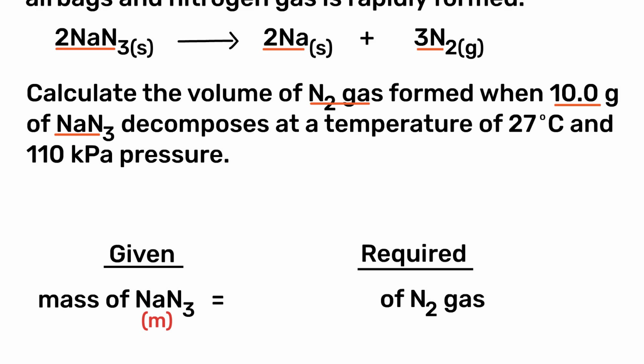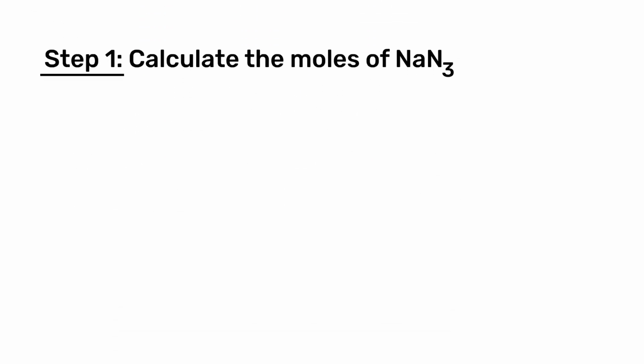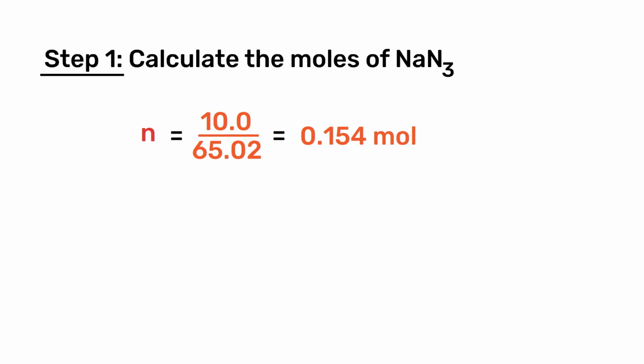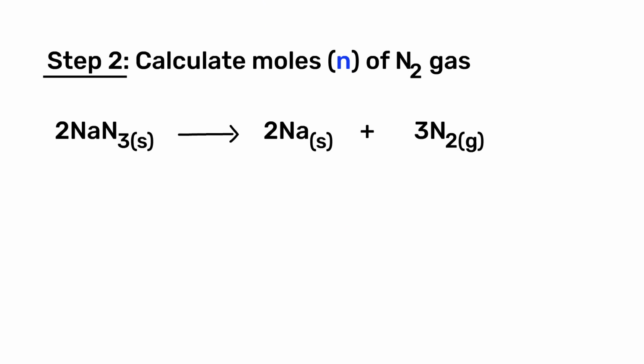So the mass of sodium azide is given, and you have to calculate the volume of nitrogen gas. The first thing you would do is calculate the amount in moles of sodium azide, and you would get 0.154 moles. From this, you will calculate the amount of nitrogen gas formed.